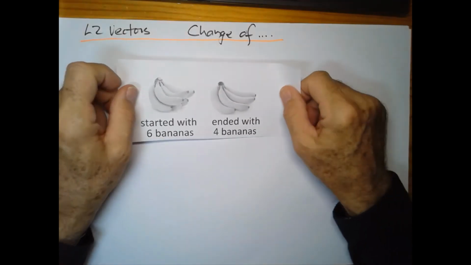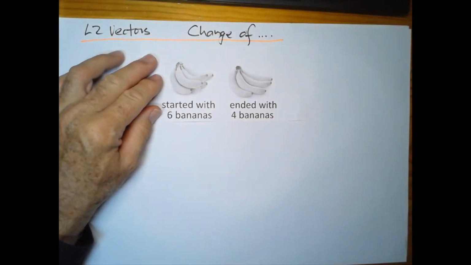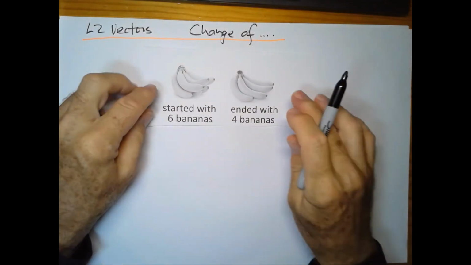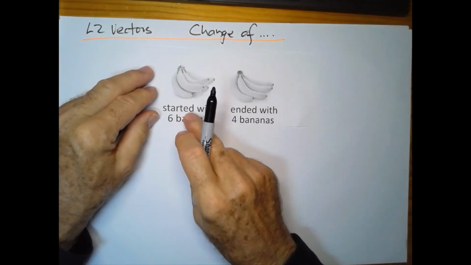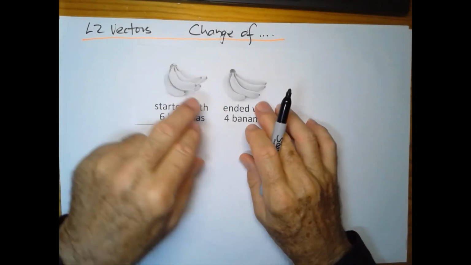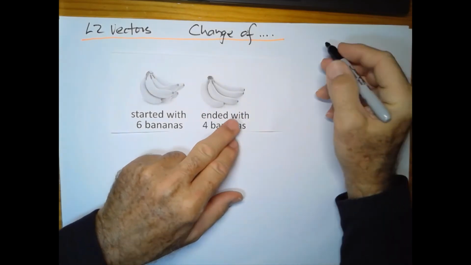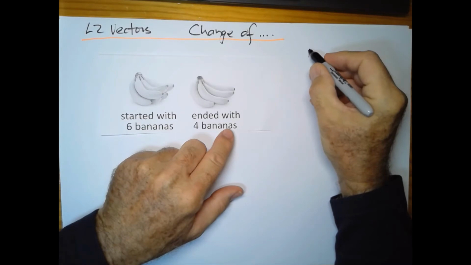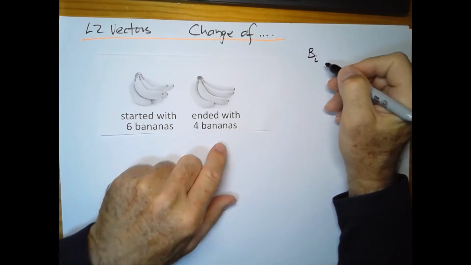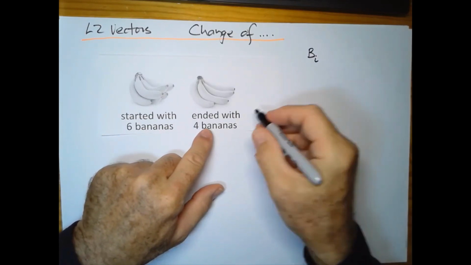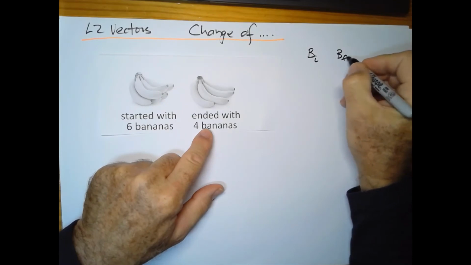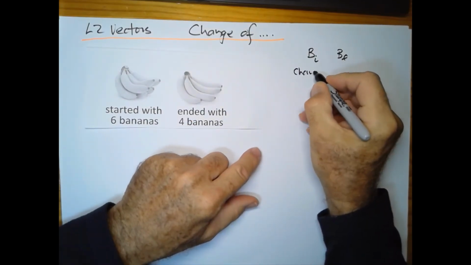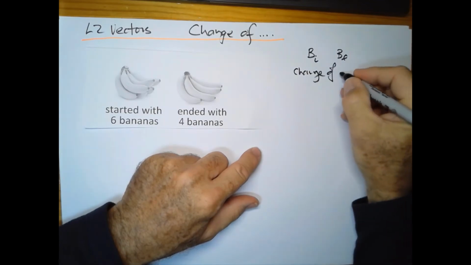I'm going to bring back my bananas now to look at something else. We're going to look at change of vectors, and we're going to say that we started with 6 bananas. So initially our bananas, we've got final bananas, and we want to be able to calculate what is the change of bananas.